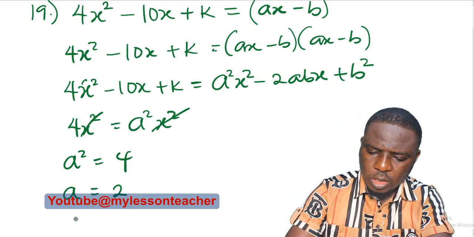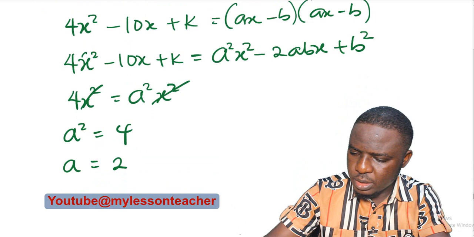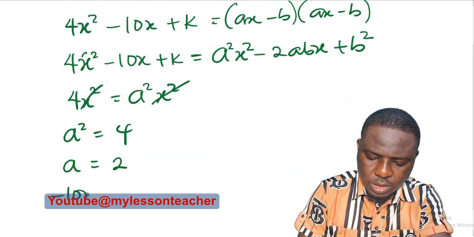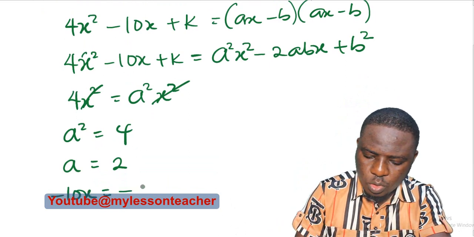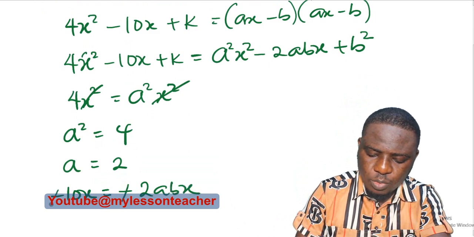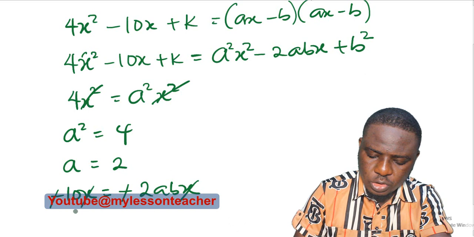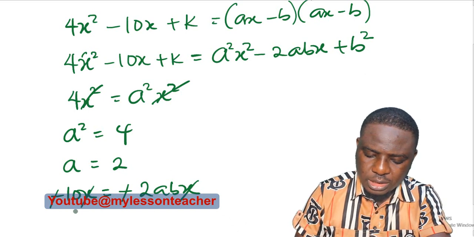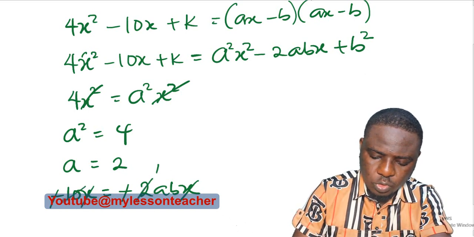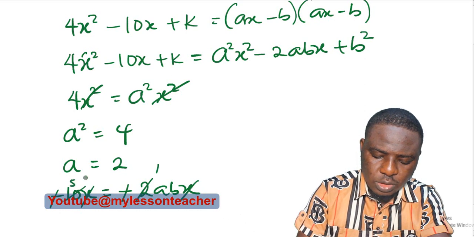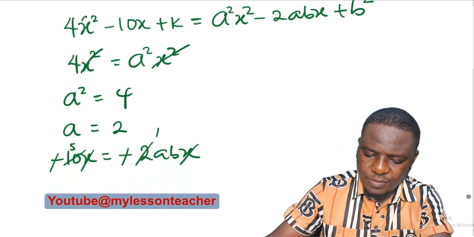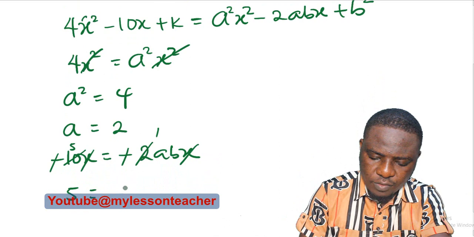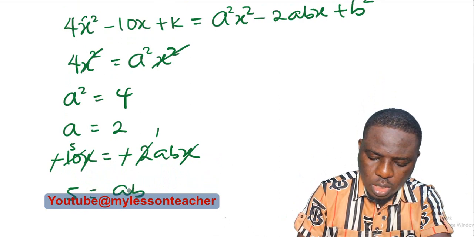So the second term, you have minus 10x equal to minus 2abx. When you divide both sides by minus x, you get this. 2 can still go. 2 here is 1. 2 into 10 is 5, leaving us with 5 equal to ab.